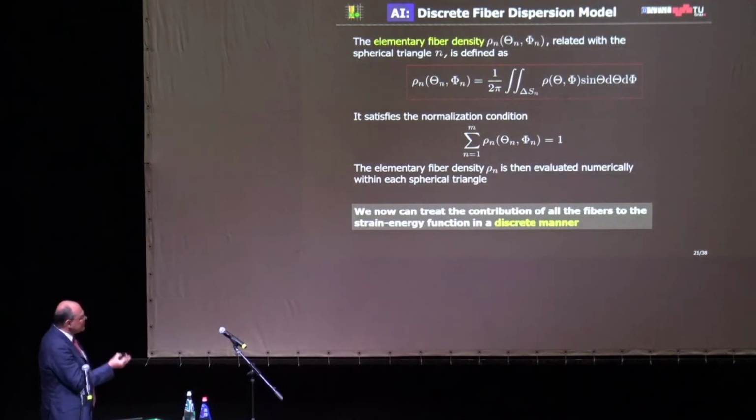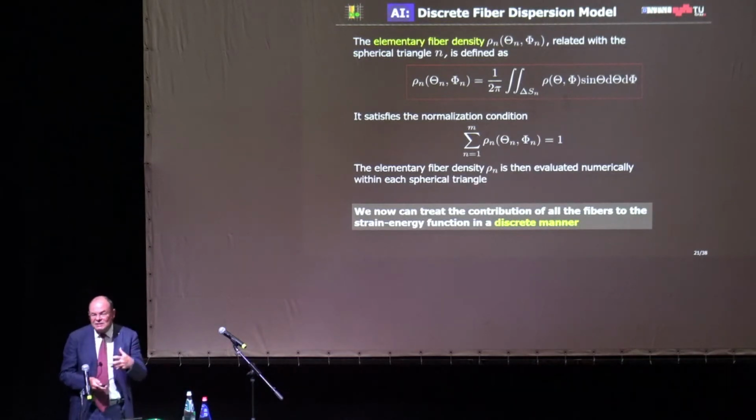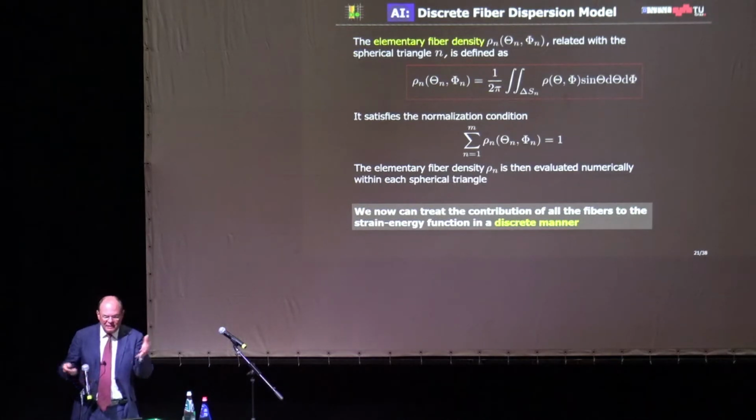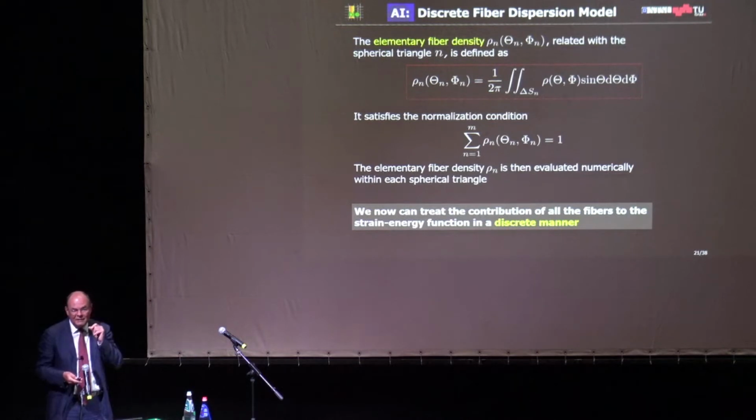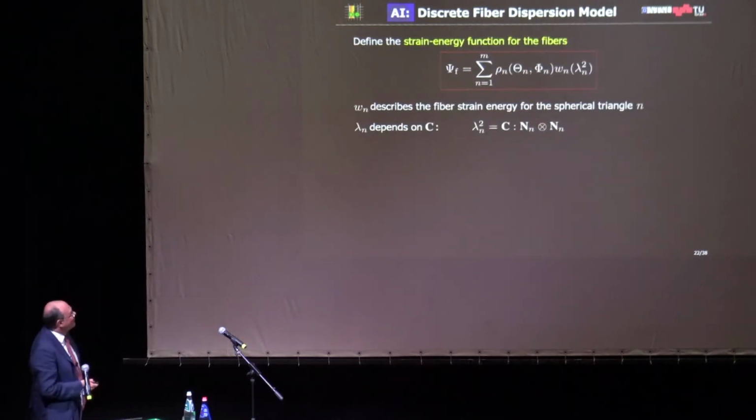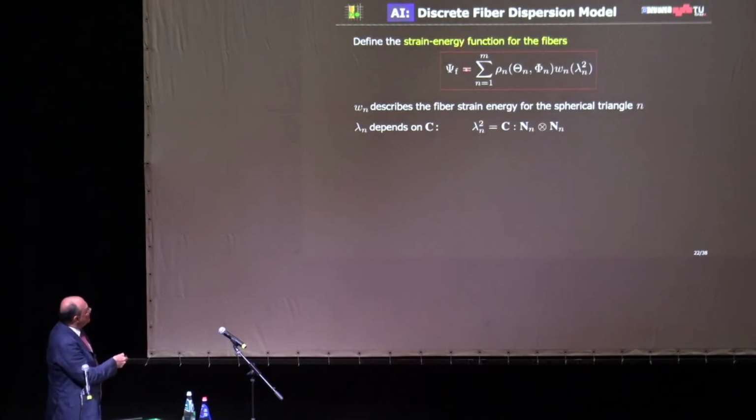So we now can treat the contribution of all the fibers to the strain energy function in a discrete manner. We just sum from, and we assume how many fibers are in, 10, 20, 100, 1,000, and you will tell me, well, how do I know how many fibers I should take? I will show you later. So then the energy stored in the fibers is rho n, now the discretized density, times W, the energy for one single fiber as a function of lambda squared, and we sum up from 1 to m.